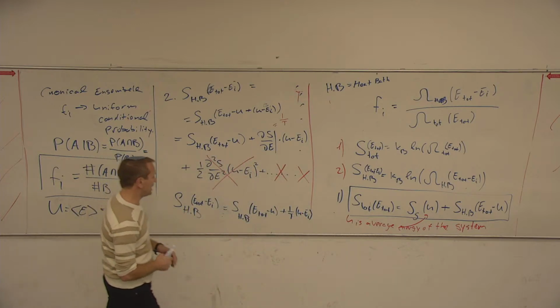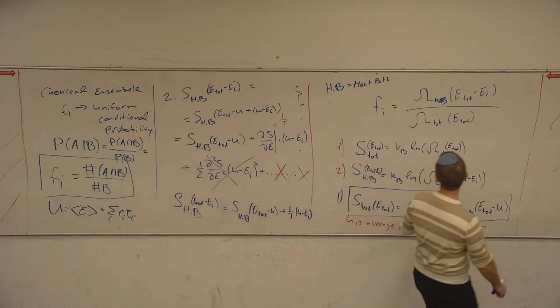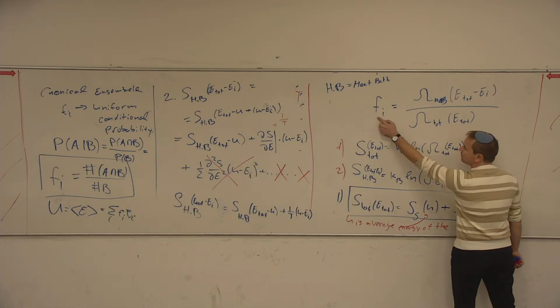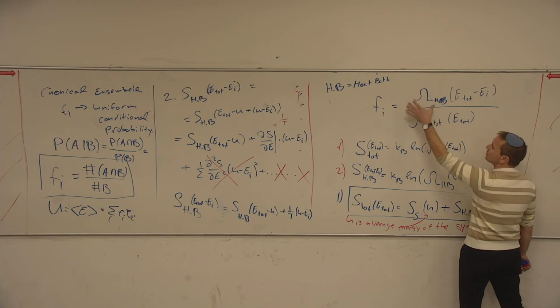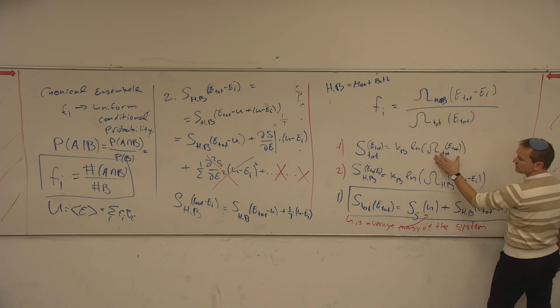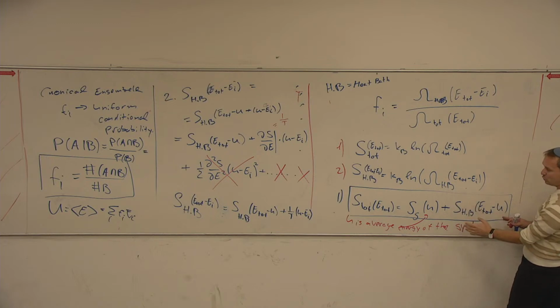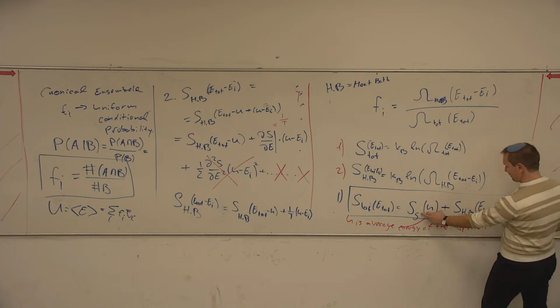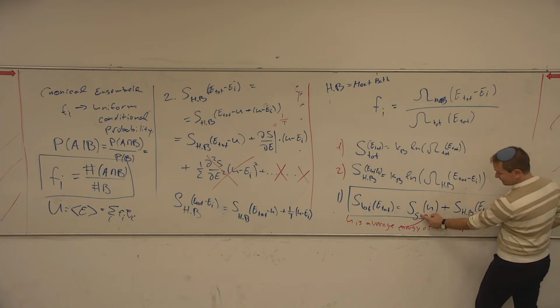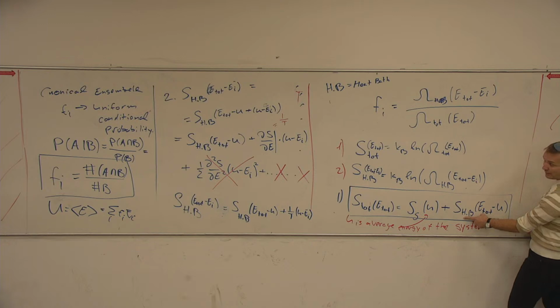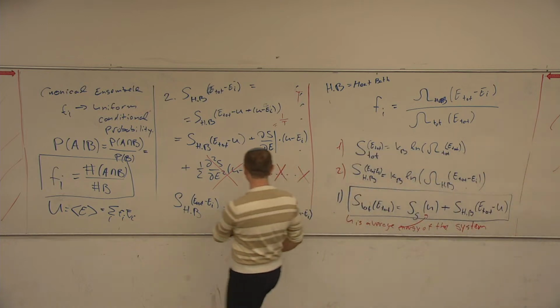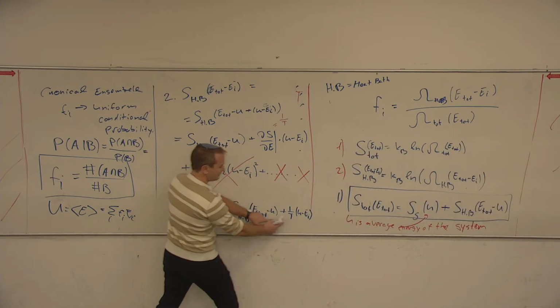It's actually not bad because you see we already have the probabilities related to the number of states. The number of states is related to the entropies. And the entropies are somehow related to each other. Right? So we have S of the system, S of the heat bath, okay? And here we have S of the heat bath and E total.